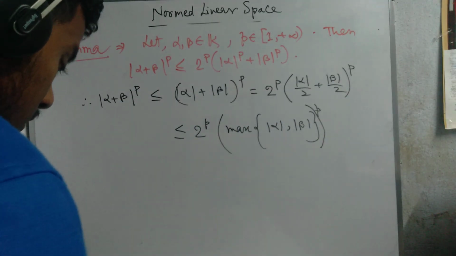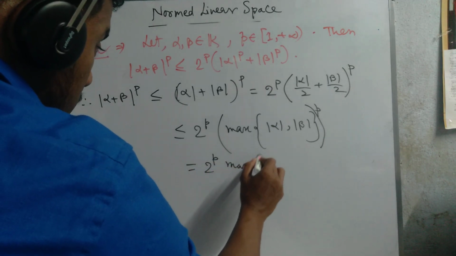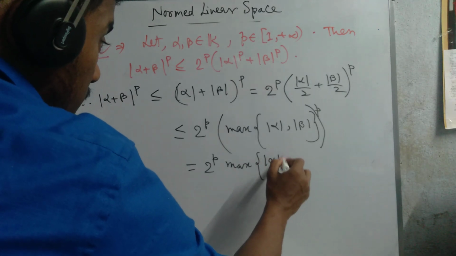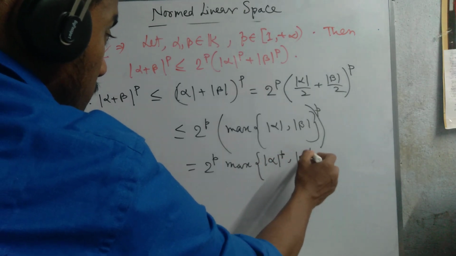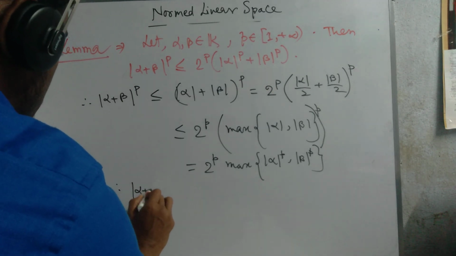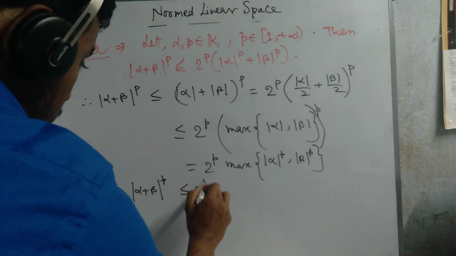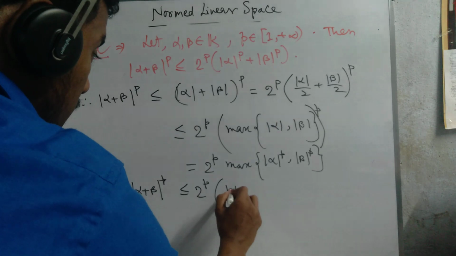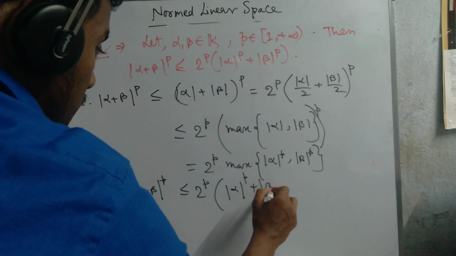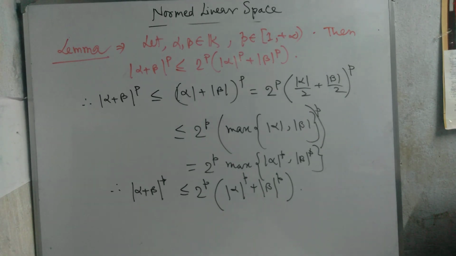This equals 2 to the power p times maximum of norm of alpha to the power p, norm of beta to the power p. So alpha plus beta whole to the power p is less than or equal to 2 to the power p times alpha to the power p plus beta to the power p. This one is an important lemma. Okay, we also proved this lemma now.